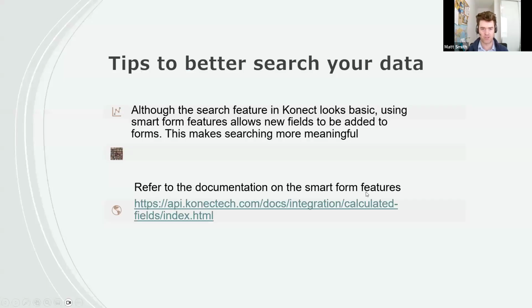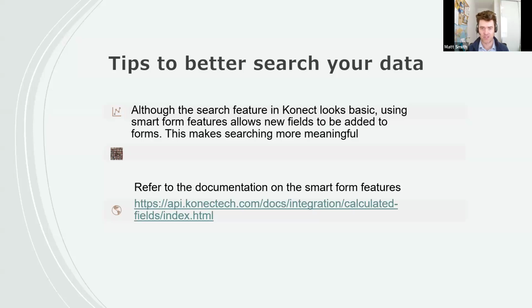Okay, so tips to better search your data. Although the search feature looks basic, using smart form features allows new fields to be added to forms. Following on from the previous webinar, it's important to make searching meaningful. We'd recommend that you have a look at the calculated fields documentation and or catch up on the previous webinar if you haven't already.